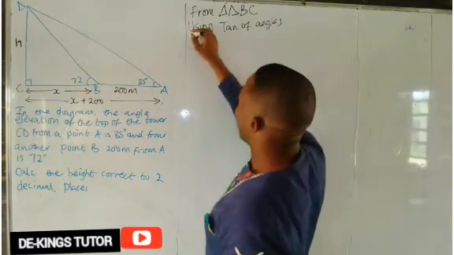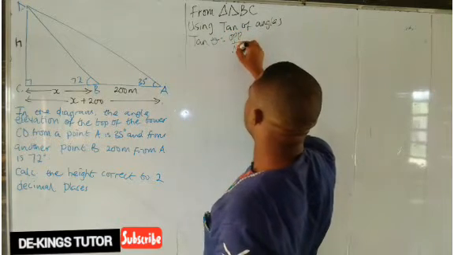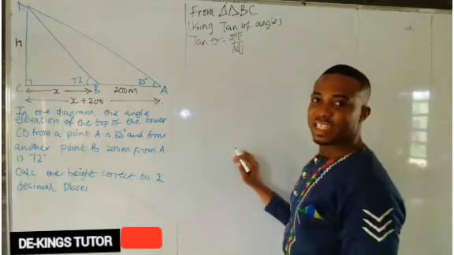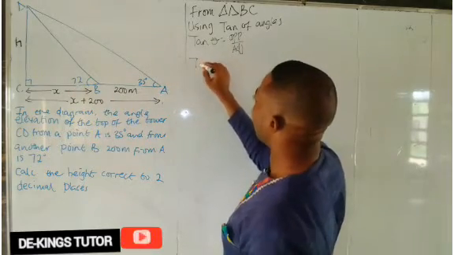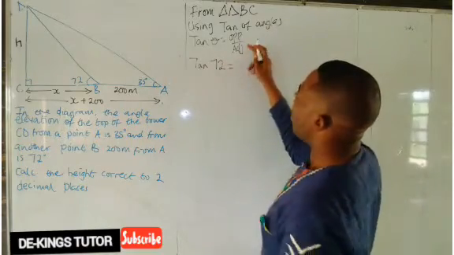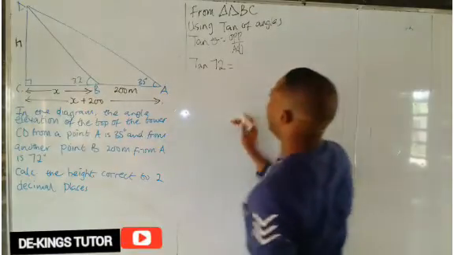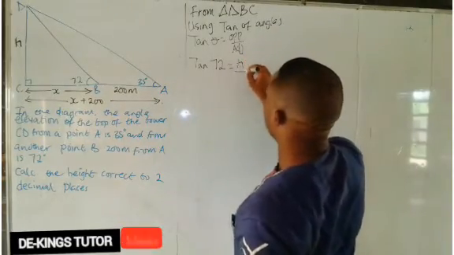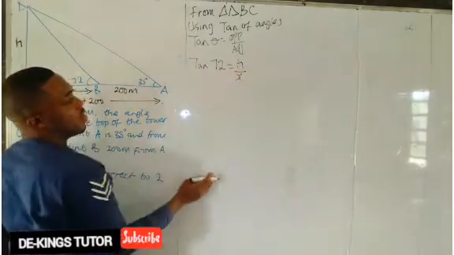Tan theta is equal to opposite over adjacent. So we take this angle, tan 72 is equal to, what is the opposite? The opposite is the side opposite the angle, which is H. So we have H over, our adjacent is X.